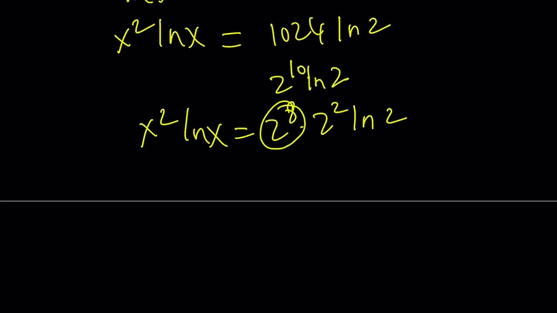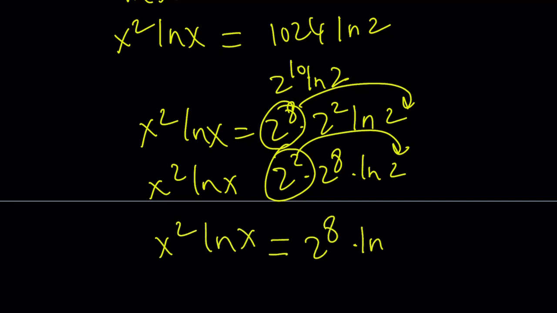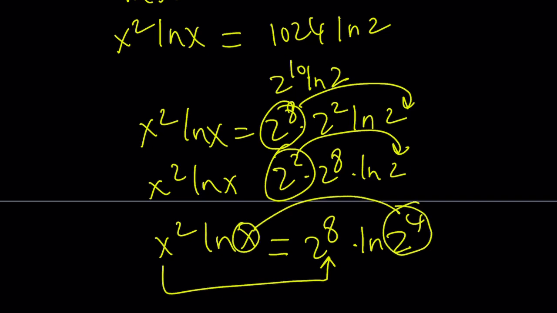Here we can move this to the front, but that's going to give us a very large number here and a smaller number here. So that's not a good idea. So we need to do the opposite and move this one instead, the smaller one. And that's going to give us the following, something similar to what we did. x squared ln x equals 2 to the 8th times ln 2 to the power 4. And as you can see here, if x squared is 2 to the 8th, then x is 2 to the 4th, and we are good.